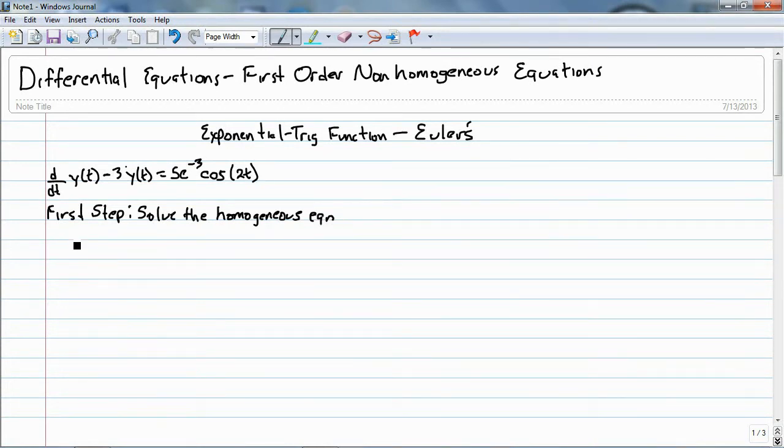And that's in a video, first order homogeneous. You might want to look at that if you haven't. And our solution that we came up with was C e to the 3t.